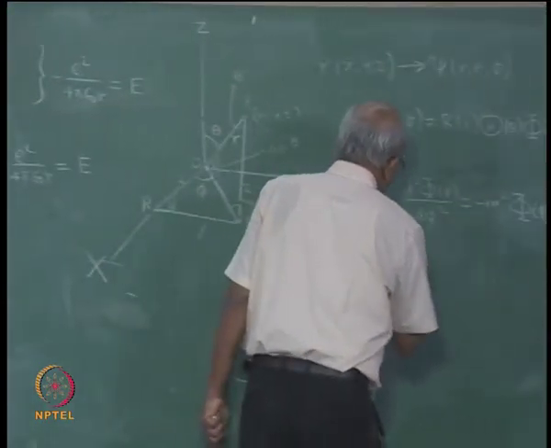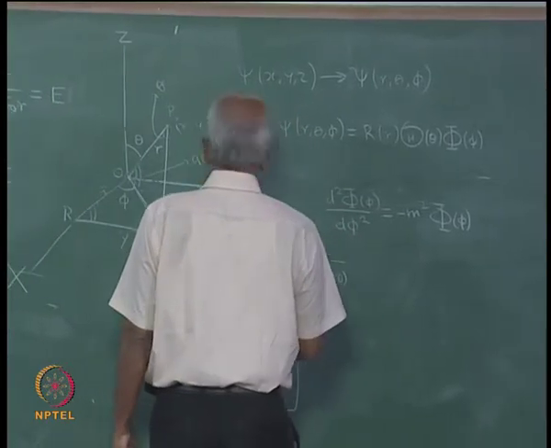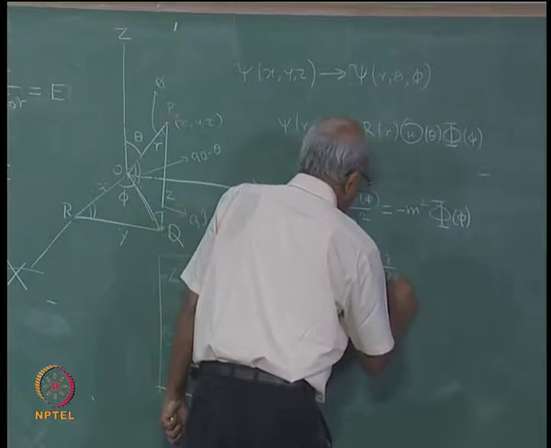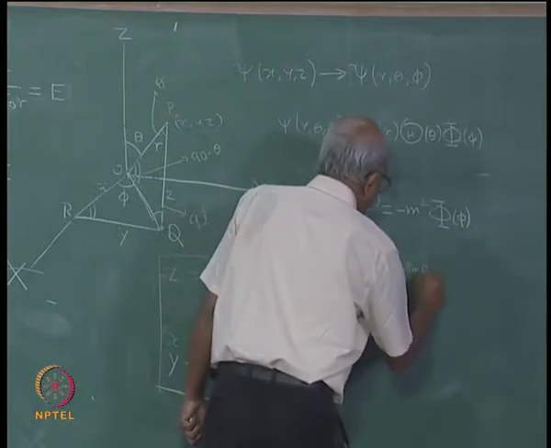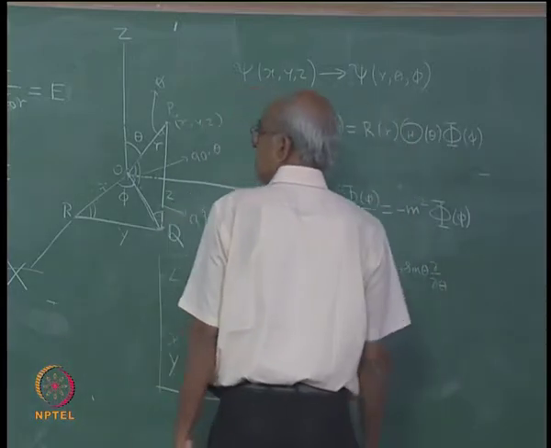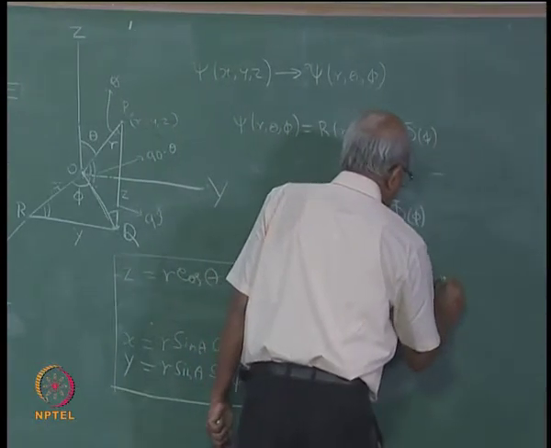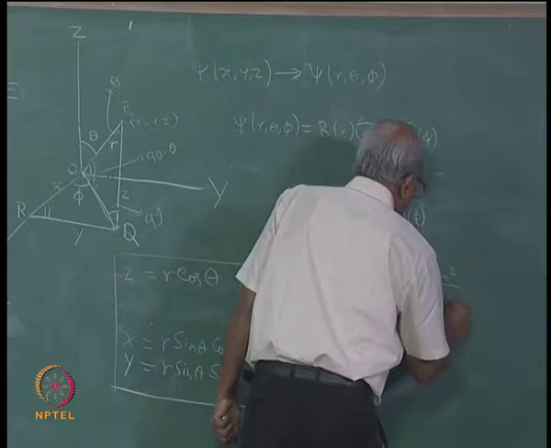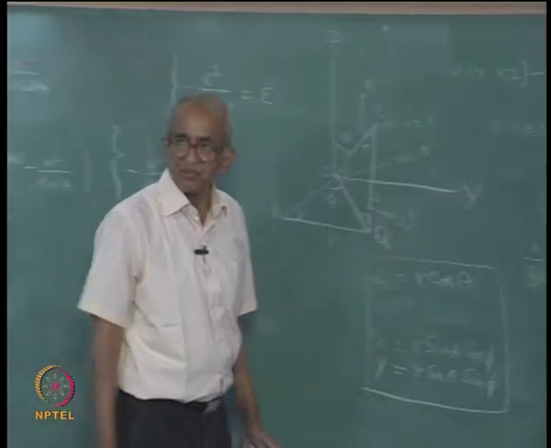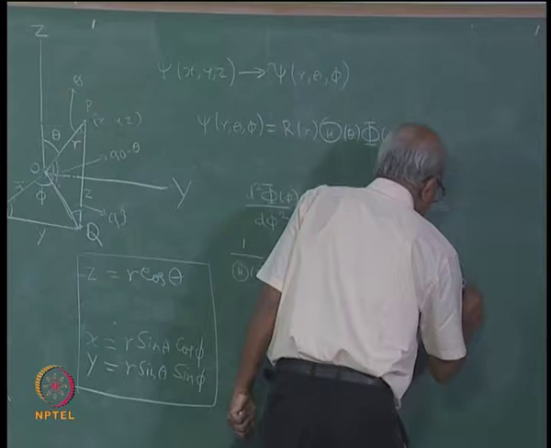So, 1 by capital theta of theta, 1 by sin theta, dou by dou theta, sin theta, dou by dou theta operating upon capital theta of theta, minus m square by sin square theta, must be equal to a constant. That is what I am saying. And what I will do is I will use the symbol minus beta for this constant.